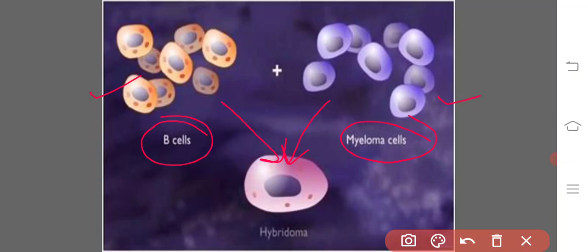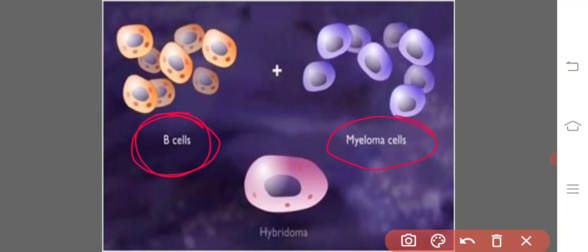This hybridoma cell retains the properties of both the parent cells, that is, the antibody secretion property of the B lymphocyte or B cell, and the uncontrolled division property or immortal growth property of the cancerous cell. The clone of hybridoma cells always produces a particular type of antibody that reacts with the specific antigen. Same kind of antibodies are produced from the clone of the hybridomas.